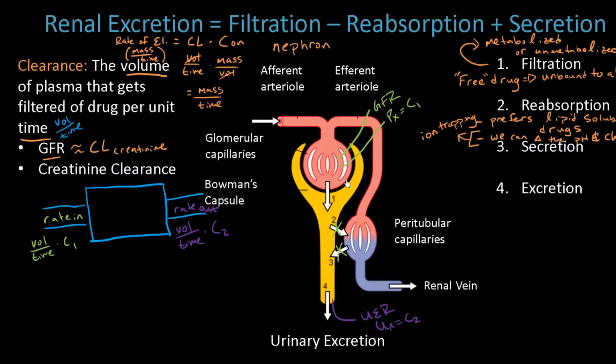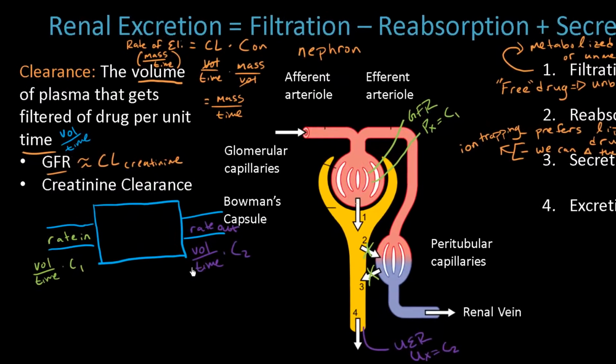Now, under these constraints, we have this picture here. So we have the GFR multiplied by the plasma concentration of that drug, and because there is nowhere else to go, we assume that that equals the urine excretion rate multiplied by the urine concentration of the drug.